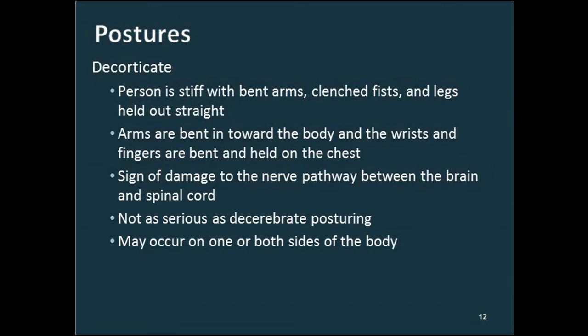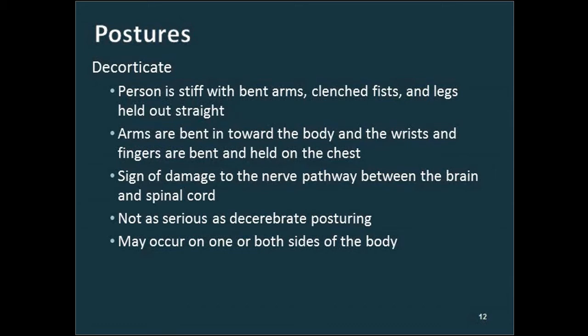Okay, and you can see posturing on one or both sides of the body. It's not always both sides of the body. I've seen cases where a patient had a previous CVA from years before, and one side, let's say the right side, was completely flaccid. And then they had another stroke later, and they developed altered level of consciousness, and we could see posturing on the left side.